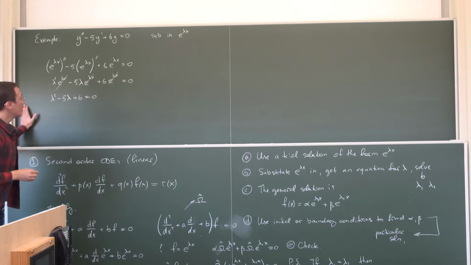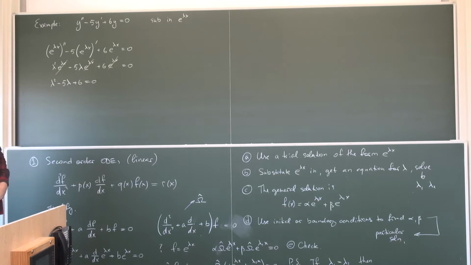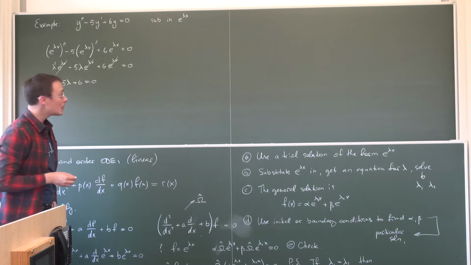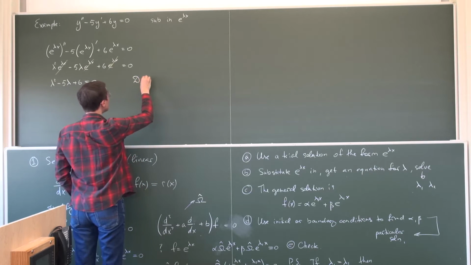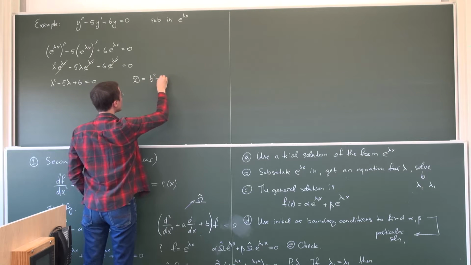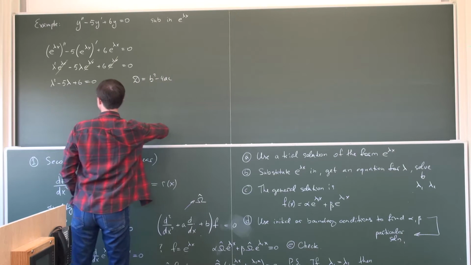Now, I don't think anybody needs a reminder on how to solve quadratic equations, but some embarrassed smiles indicate that, well, maybe that wouldn't hurt. Discriminant b squared minus 4ac.